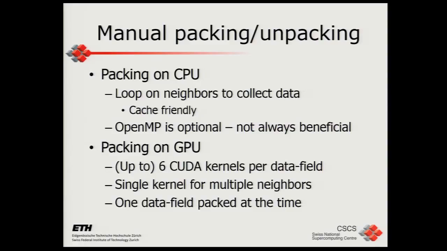What else you can do here is that one data field is packed at a given time. Before we had 3 pointers, 3 data fields. We first pack the first one, then the second, then the third one. So we have 6 times 3 kernels running, which is, I guess, 18.